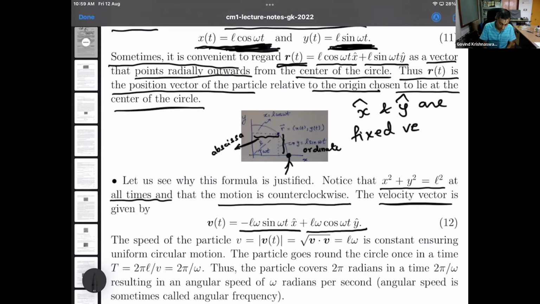Fixed basis vectors. So when I differentiate in time, they don't get differentiated. They are fixed. We will very soon talk about vectors that change with time, even basis vectors that change with location and time, but these don't. And therefore, you get this formula for V. Any question about this?